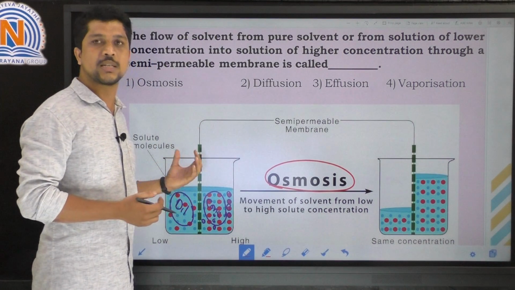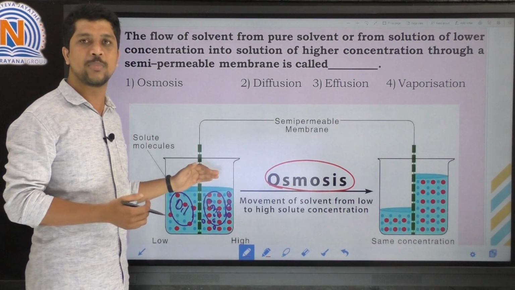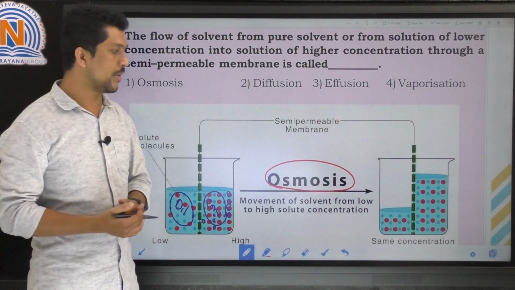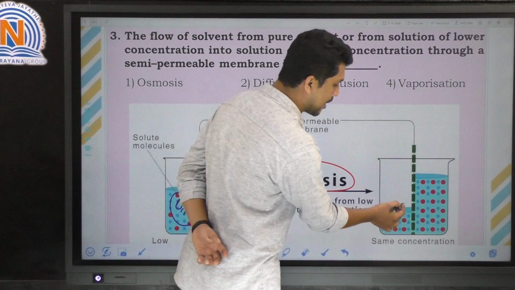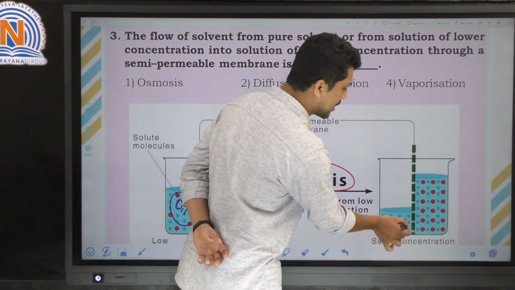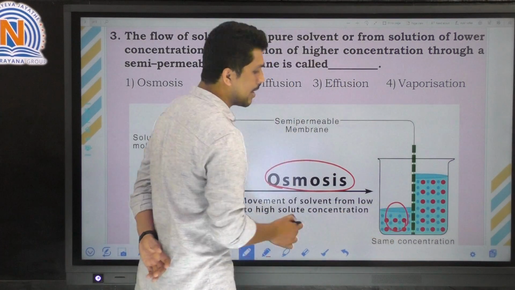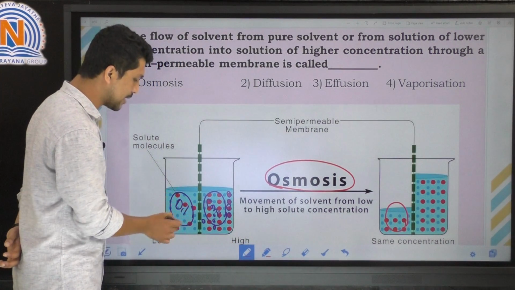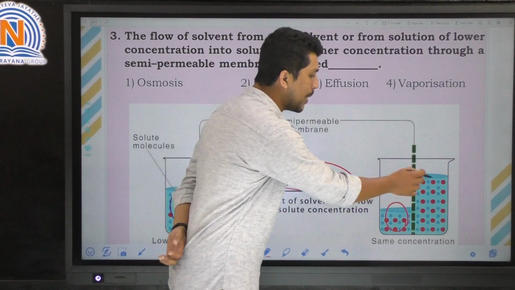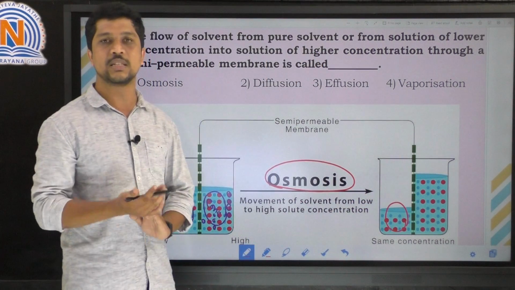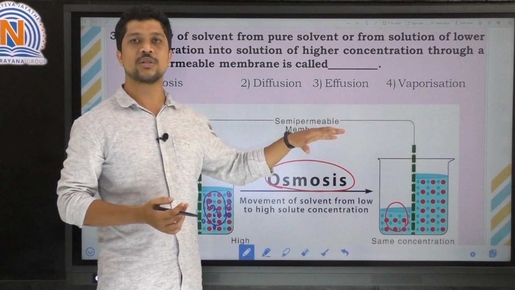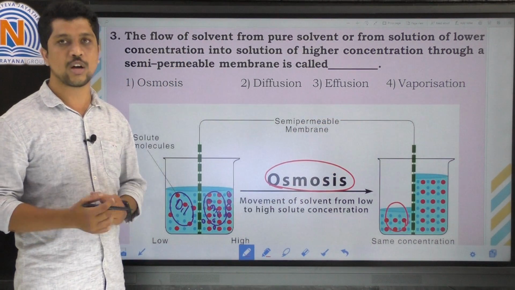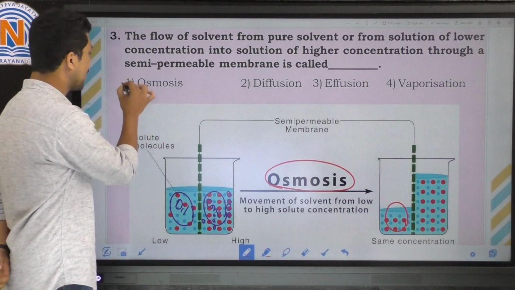That membrane only allows the pure solvent to the other side, right? If you see this picture, the solvent has reduced in the dilute solution, but the solute particles remain the same: 6 here, and 6 here too. But in the concentrated side the solvent has increased and the concentration has decreased, right? So this complete process is called osmosis. So the correct option is the first option.